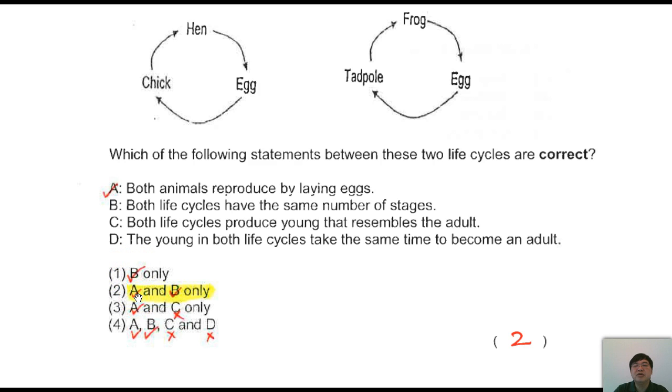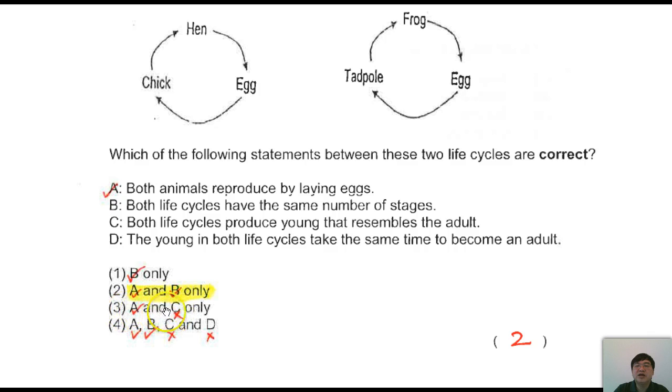Now this is more likely the answer. A is correct, B is right, so this makes both correct, and 2 is most probably the answer. Now you need to check on C and D before you decide on your answer. Both the life cycles produce young that resemble the adult. This resembles, this does not resemble, so C is wrong.